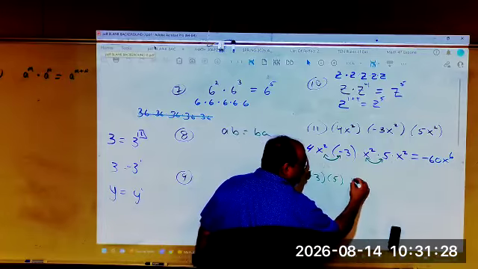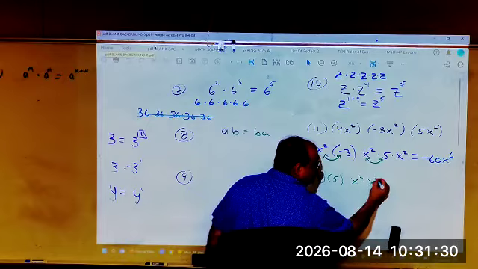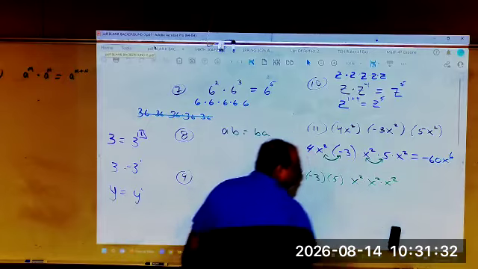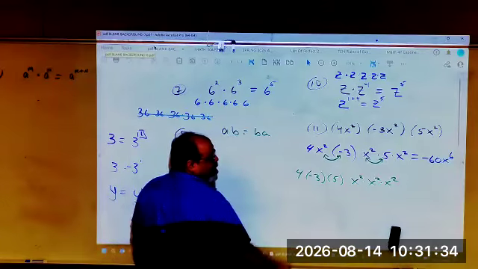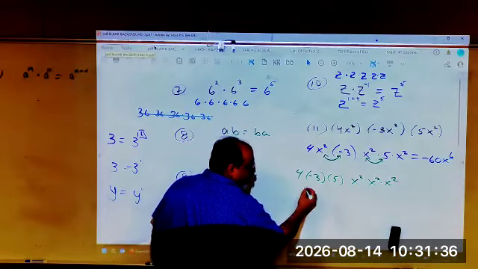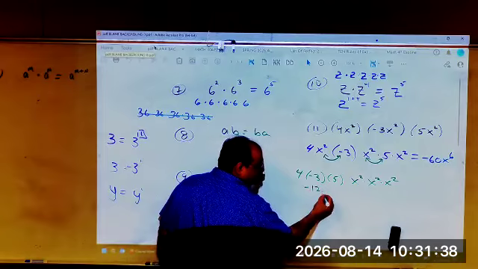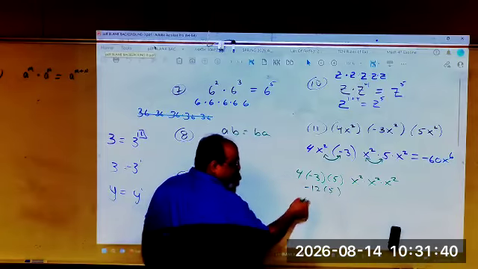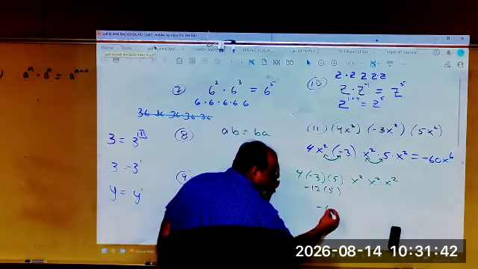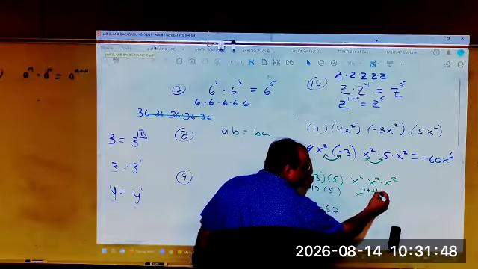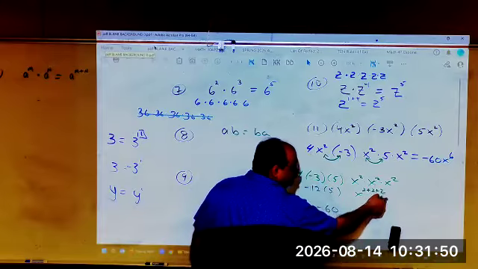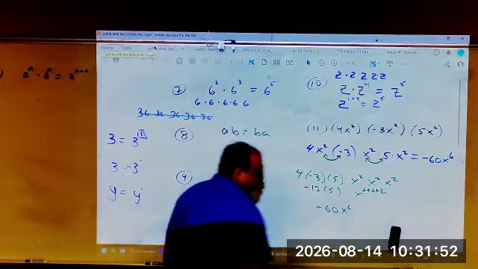And then I can multiply an x squared times an x squared times an x squared. A positive times a negative, 4 times 3 is -12. And then times that 5, -12 times 5 is -60. And then add the exponents: 2 plus 2 plus 2, that's x to the 6.